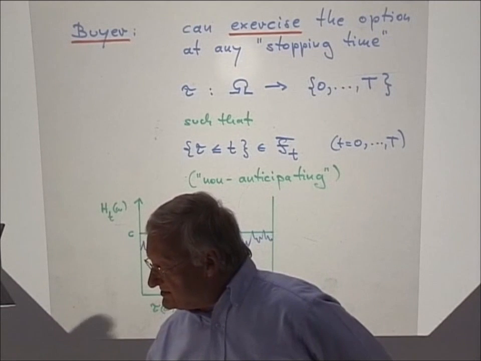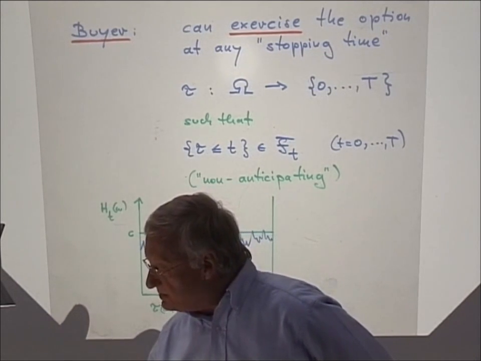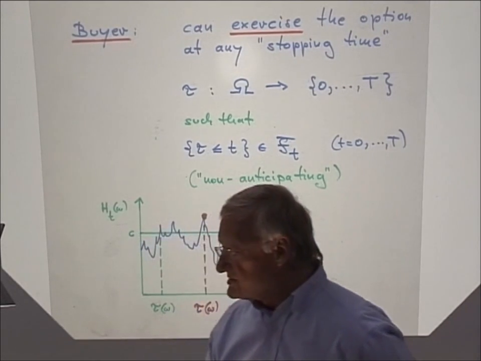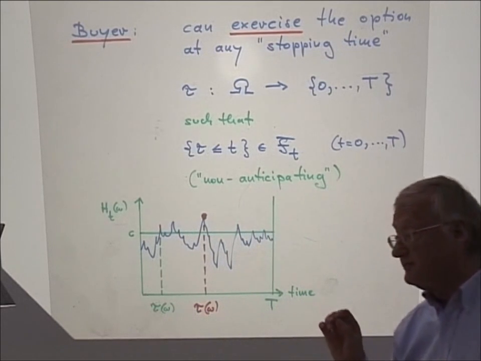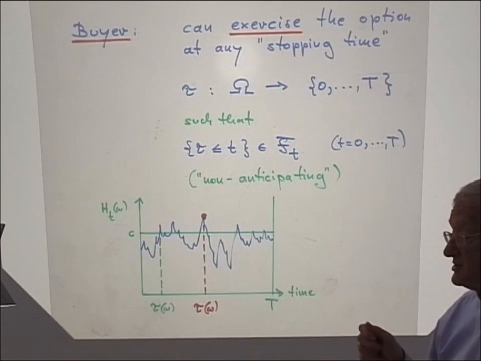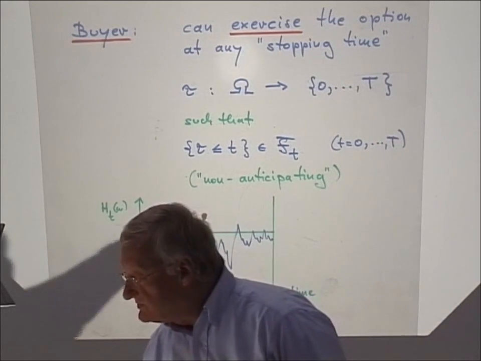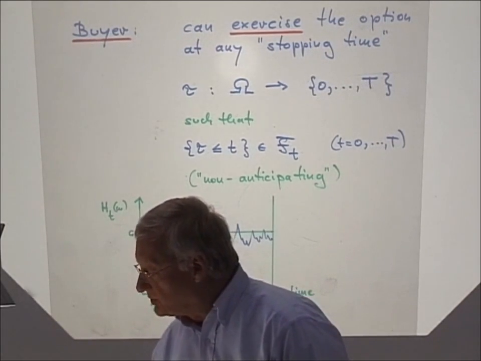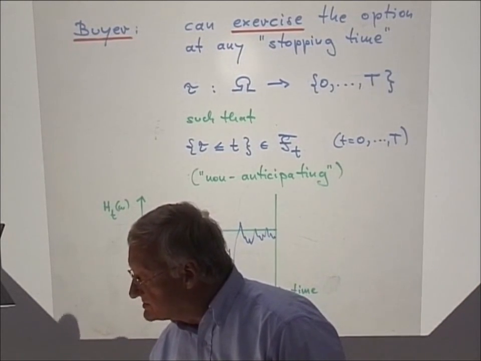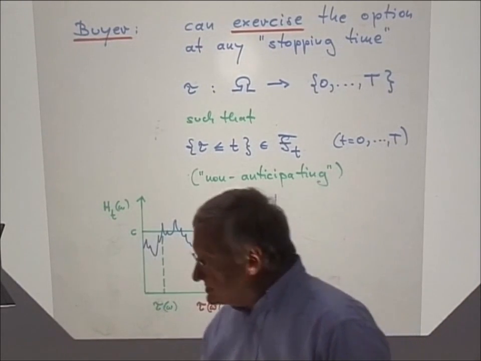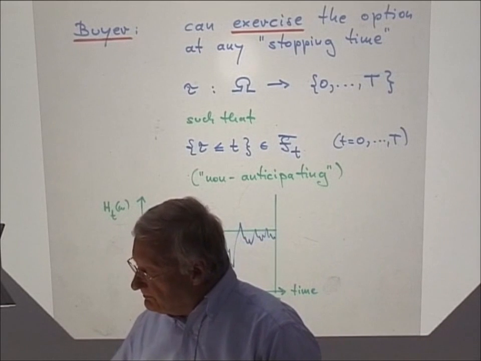And the first is a bona fide stopping time. You fix a level C and you decide to stop or to sell, or to exercise that option, as soon as the value of your payoff process exceeds the level C. So that's, in this technical sense, a stopping time.